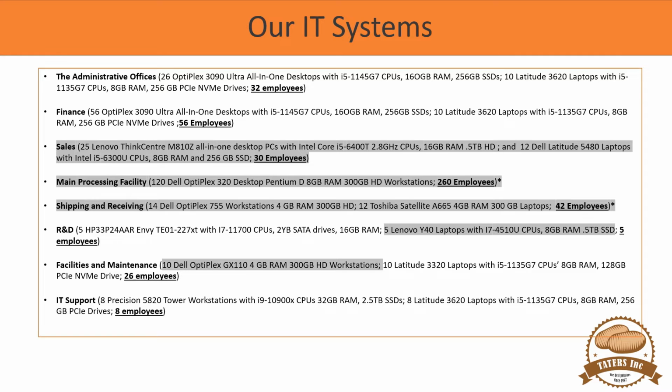One thing to note here as well is that the departments highlighted in gray, for example sales, main processing facility, shipping and receiving, etc., would all require a new system overhaul aside from the operating system if we continue with the Windows 11 model. That's because Windows 11 requires TPM 2.0.